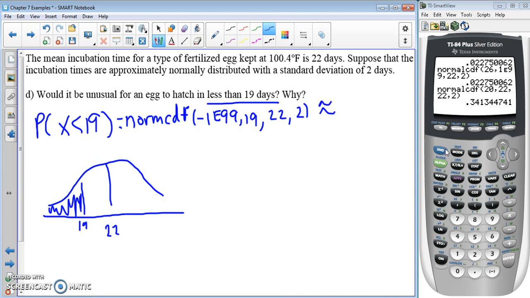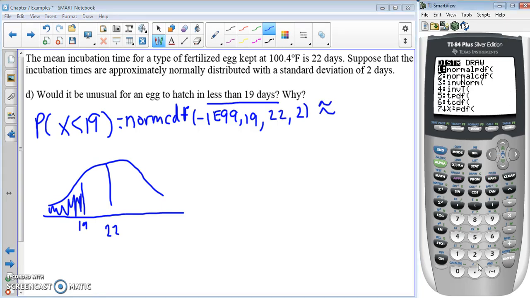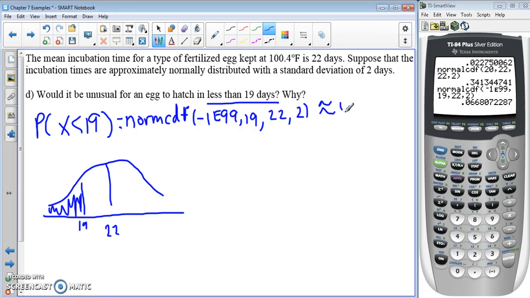Let's see what we got. Second VARS, 2, negative 1E99, comma 19, comma 22, comma 2, close our parenthesis, enter. You get 0.0668. So this is not unusual.